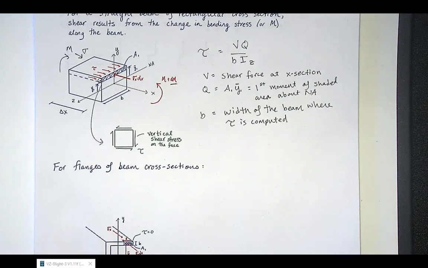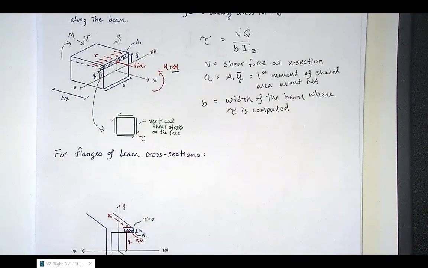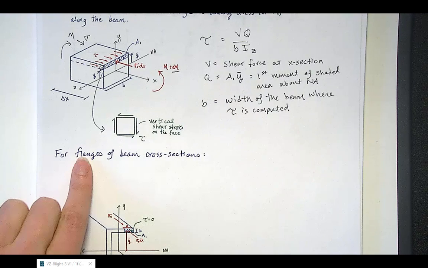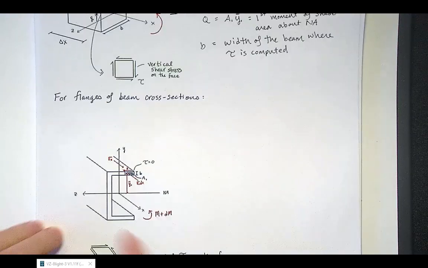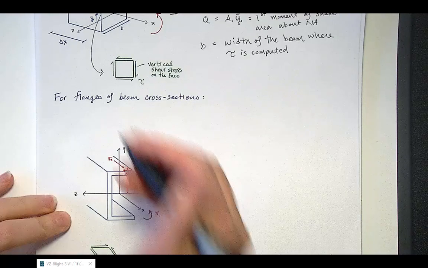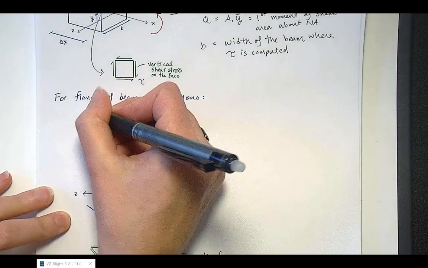So another occurrence of shear stress from bending if you have flanges of beam cross sections, such as this channel shape shown here, is horizontal shear stress.